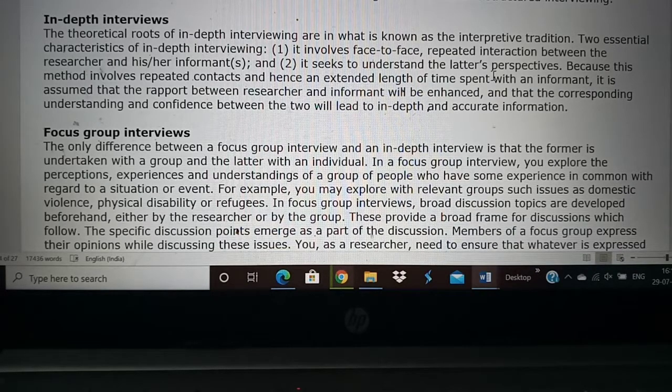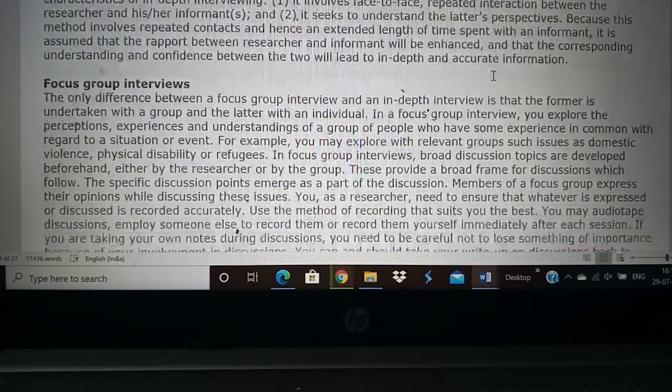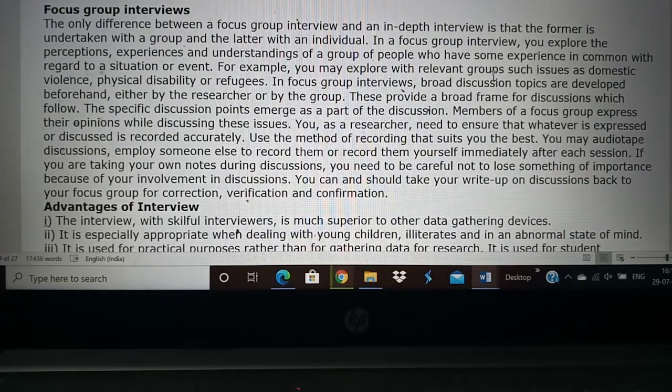So the data that is collected will have more value because the person answering your questions understands you, and there is a good interaction and rapport between two people, and that is why it's called an in-depth interview.